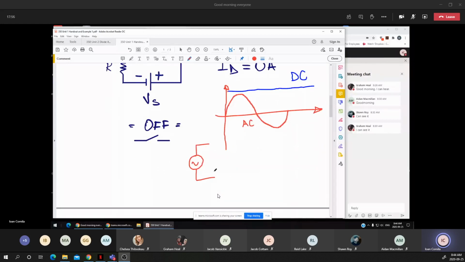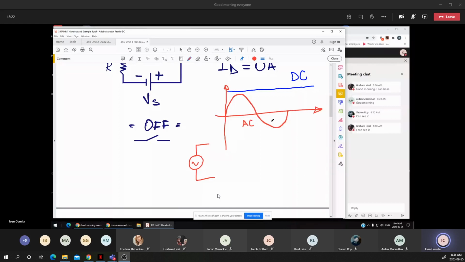From now on, that's the idea of analyzing an electronic circuit with an AC voltage source. To remind you about the AC voltage source, how we can draw it: for the first half, I'm making the assumption that it's positive.